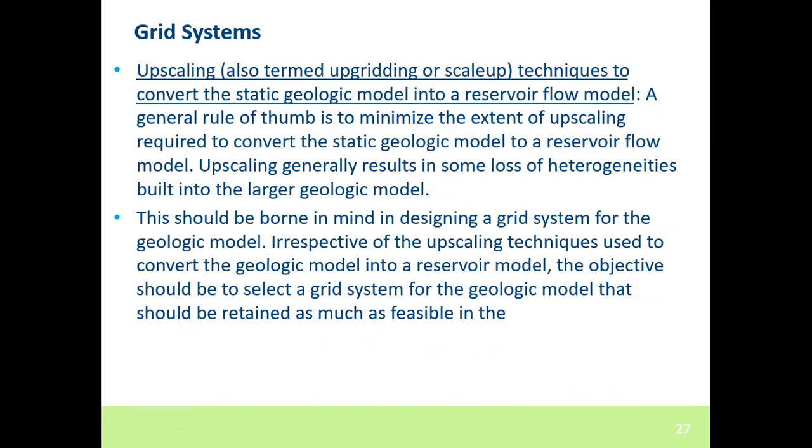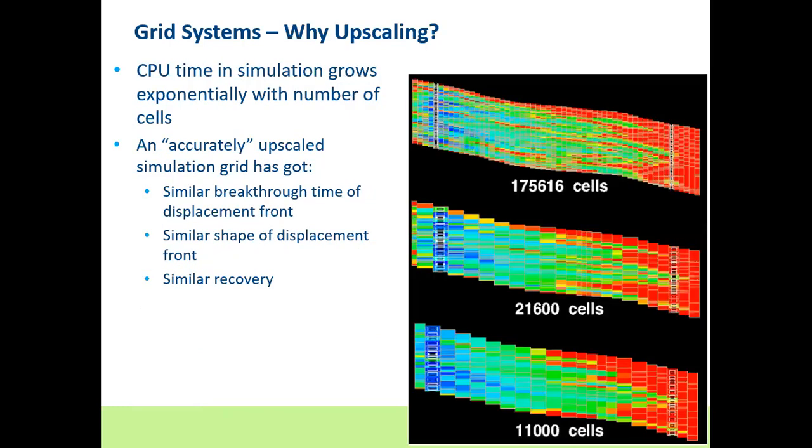Now, upscaling is another consideration that you need to bear in mind, and that's why I've included this schematic. You have three different models of the same system, an injector-producer pair, with decreasing number of cells as you go down.